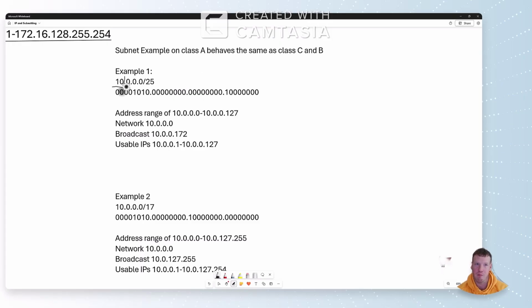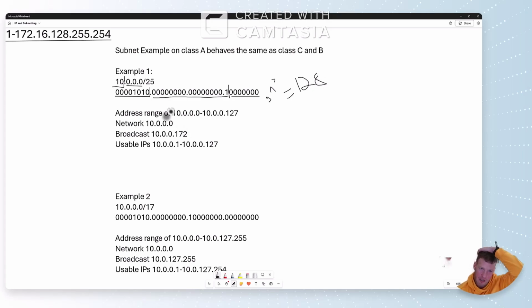I don't want these millions of IPs. So to do that, we take our binary. 8 was what we had before, and we had a line here, but now we're going all the way over to 25 and drawing the line. So now this all becomes the network, and we only have these remaining IPs, which is going to be, again, 2 to the power of 7, which gives us 128.